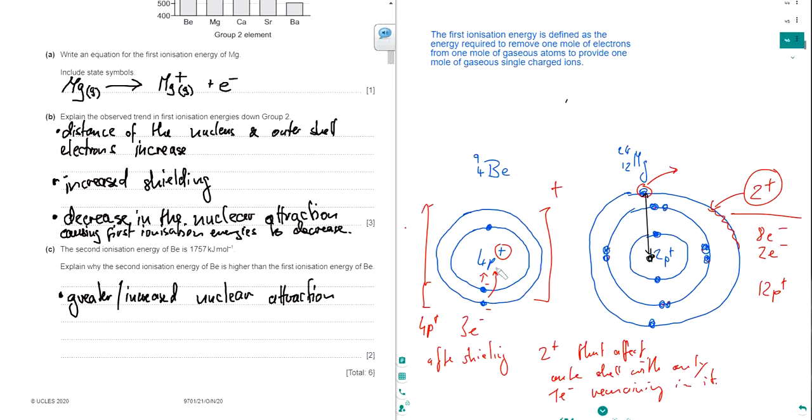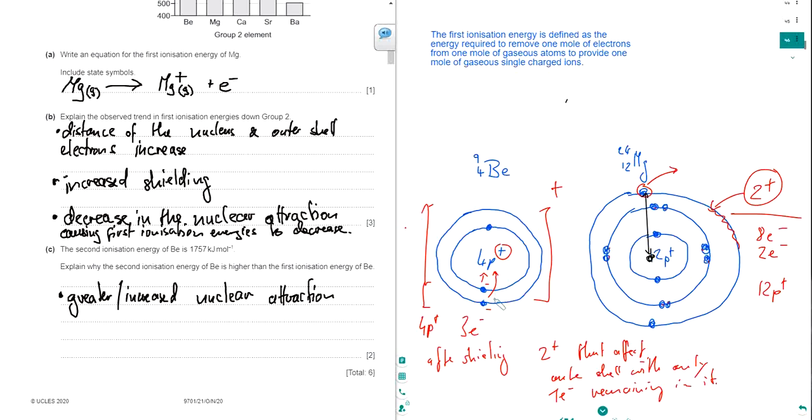We can continue to look at the effect of this situation, having 2 positive charges that affect 1 outer shell electron, which means we have a stronger attraction.